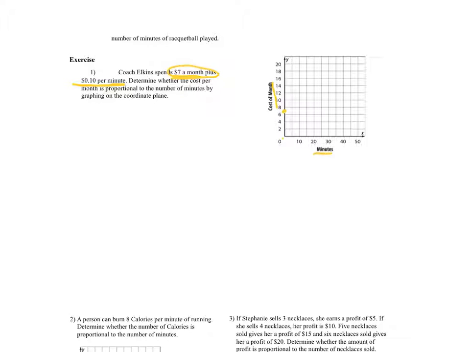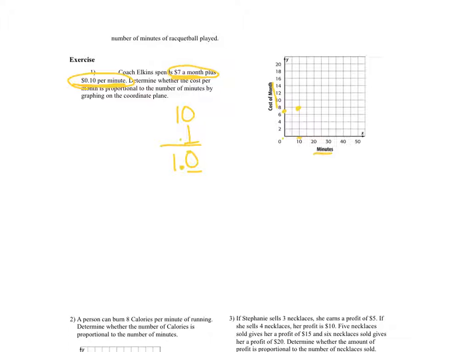At 10 minutes is what they have on the graph. We would say times 10 cents a minute. Okay, so 10 minutes times 0.1, which is 10 cents a minute. It would be $1 if I were thinking money. So we would add $1 to our original $7 a month, which would be $8. So at 10 minutes, we would be at $8.